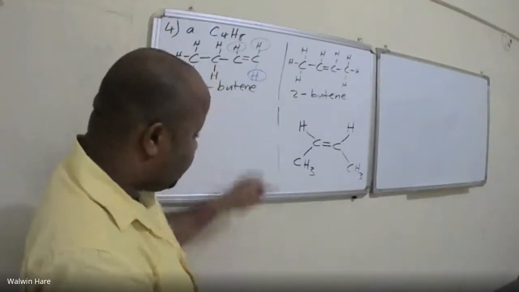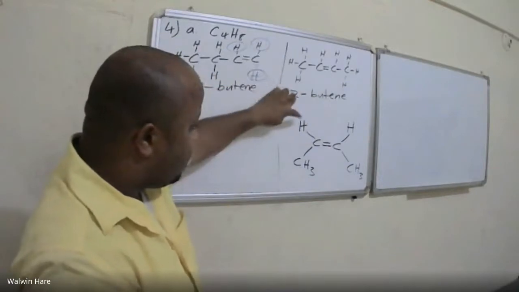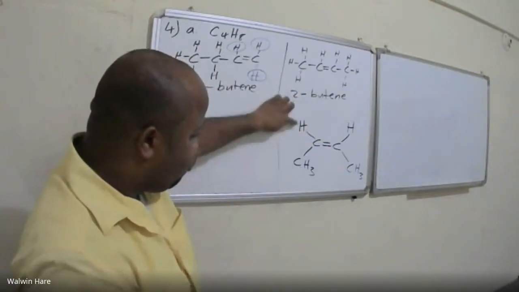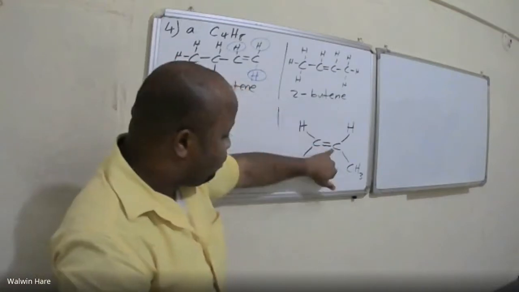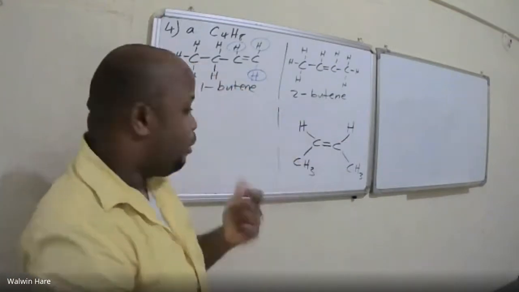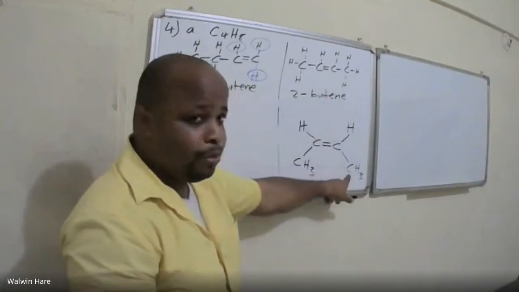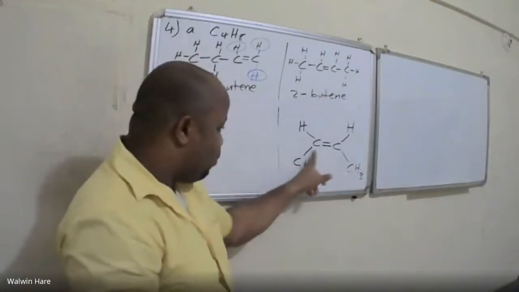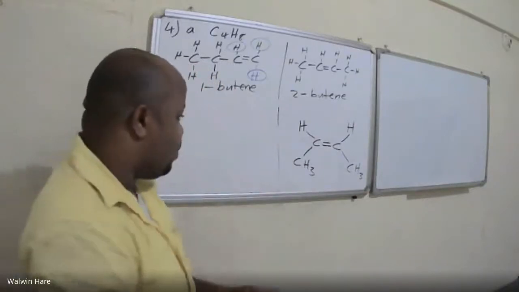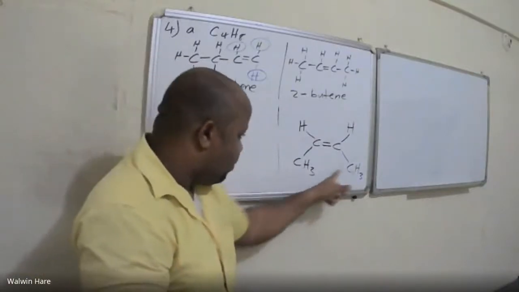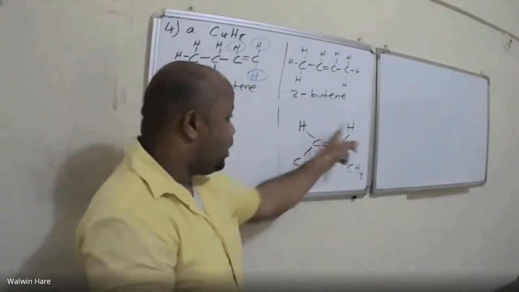But when you look at each carbon atom individually, it has 2 different groups attached, a hydrogen and a methyl group. When we compare the two carbons, each of them has a group in common: both have a methyl group, both have a hydrogen.